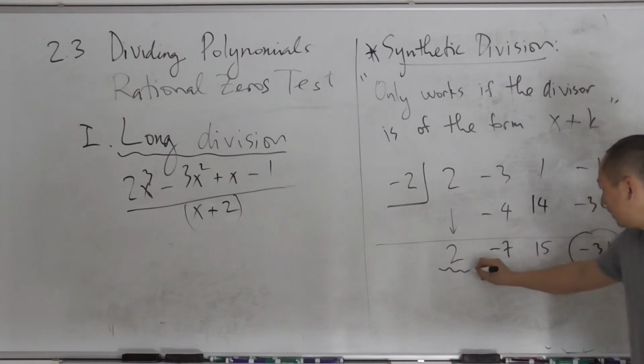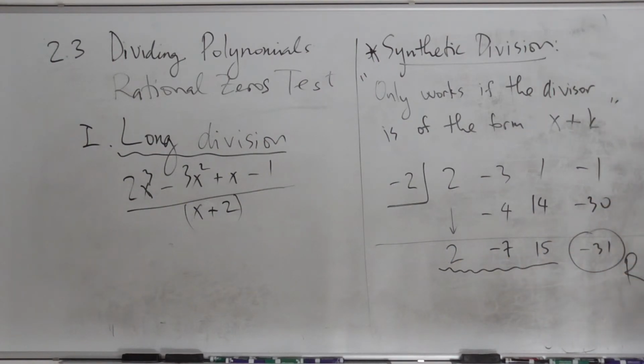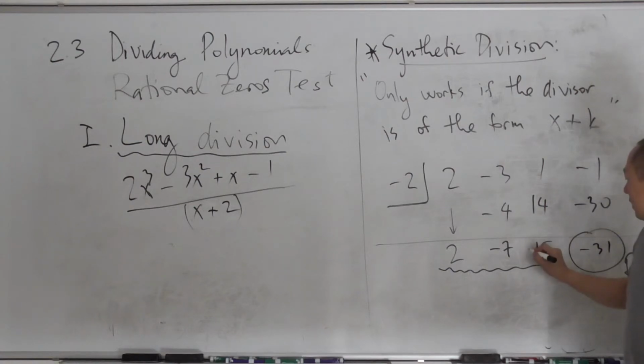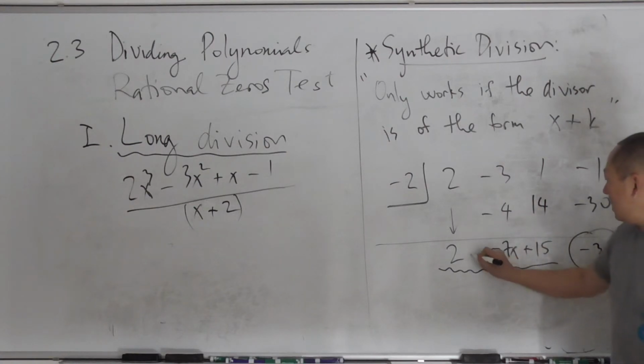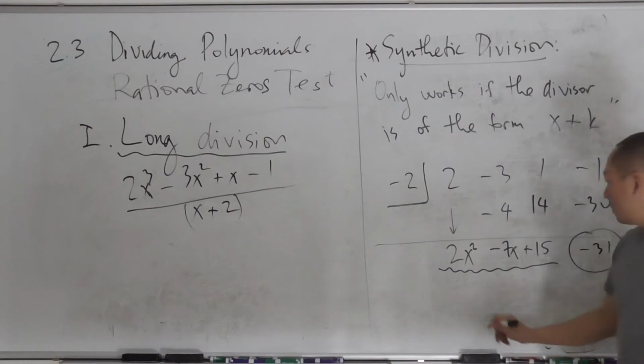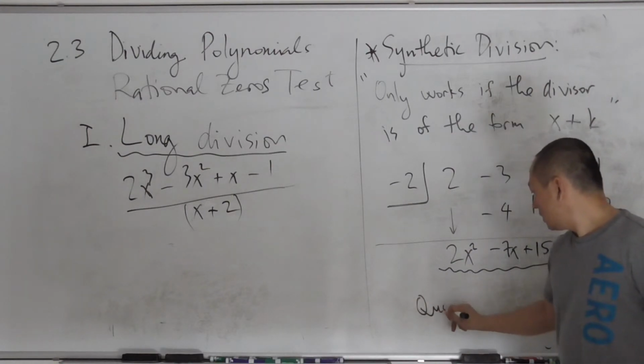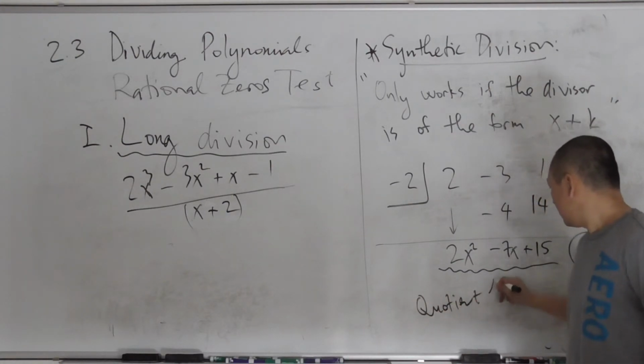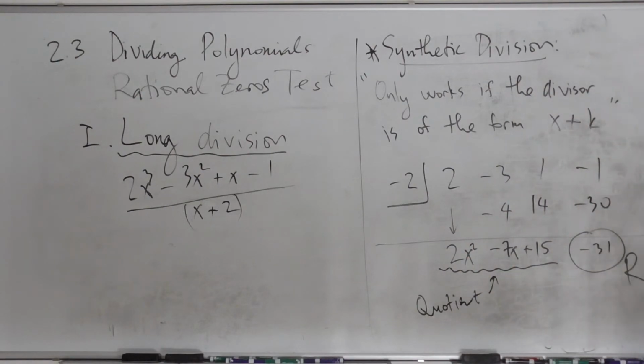And I claim that those 3 numbers right here will be the coefficients of your quotient. So how do you interpret it? Start with x squared first, then x, then the number. So the quotient is 2x squared minus 7x plus 15. So that's like the quotient in the long division full version. Okay.